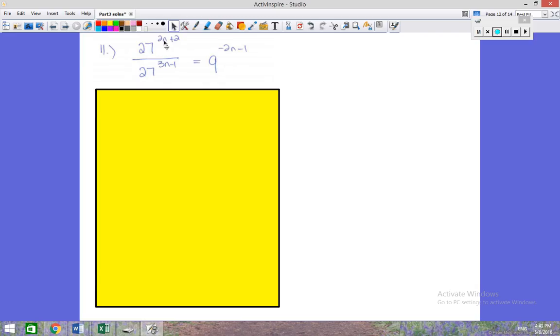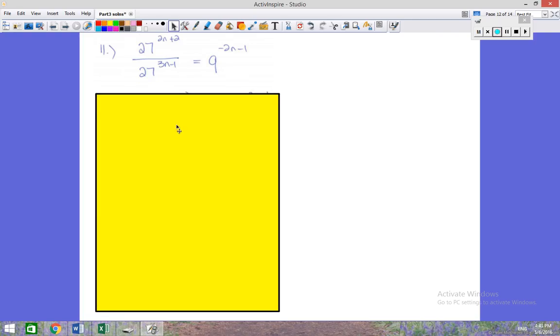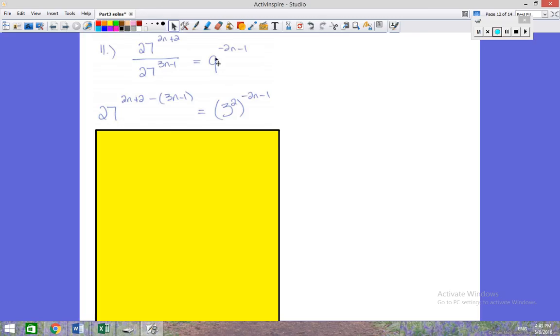but what I apparently noticed when I was writing this up, this is just a different way to do it, is that with this same base right here of 27, when you have division of the same bases, you can subtract these exponents. So I took this exponent in the numerator minus this exponent in the denominator. Now, you can see on the right that I did rewrite 9 as 3 squared.